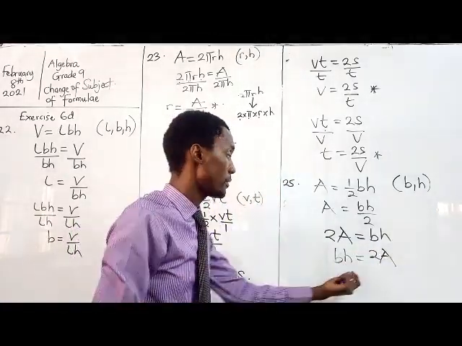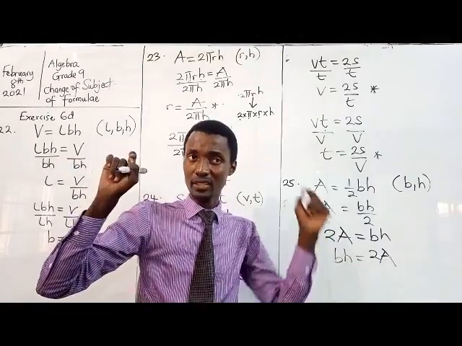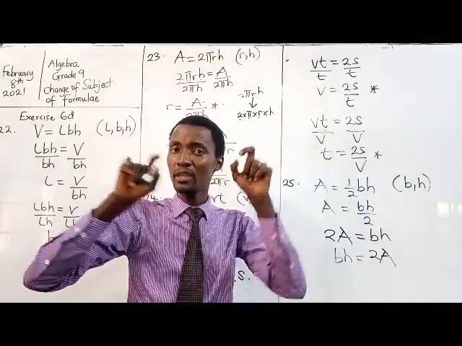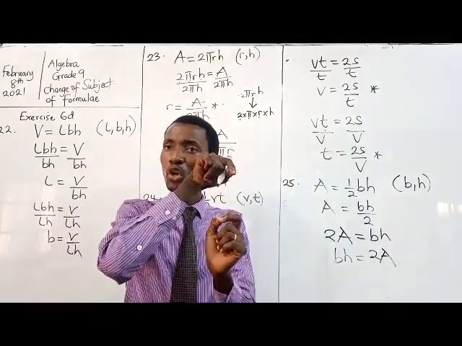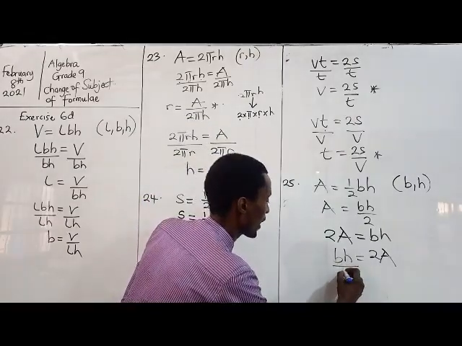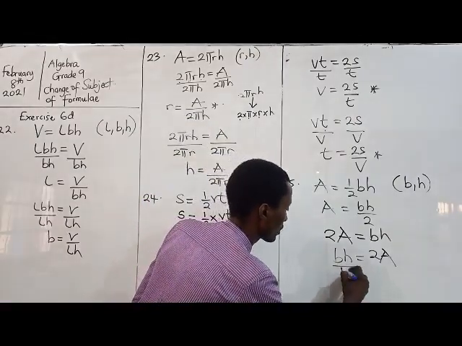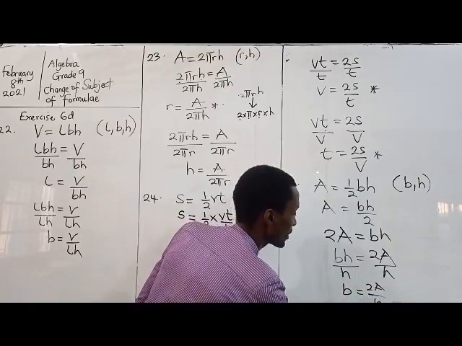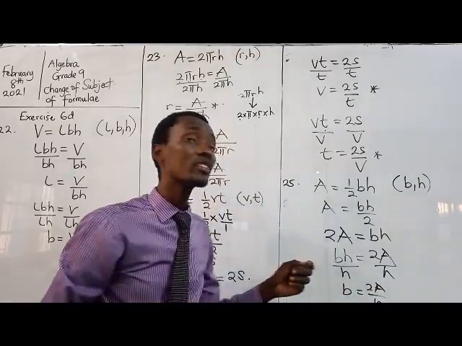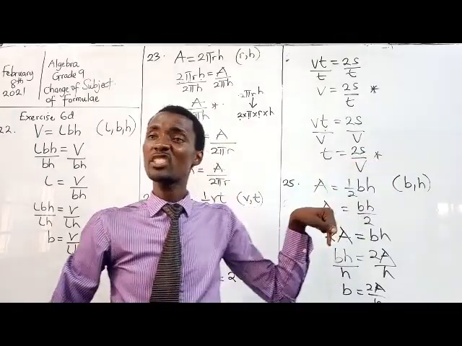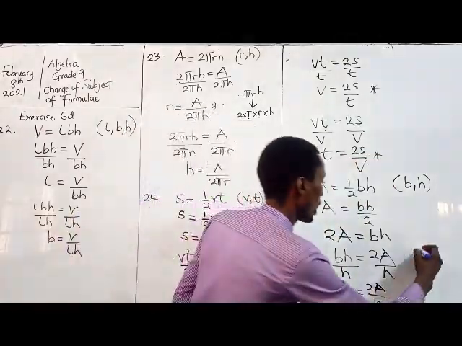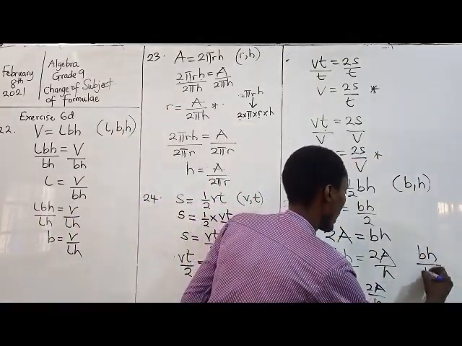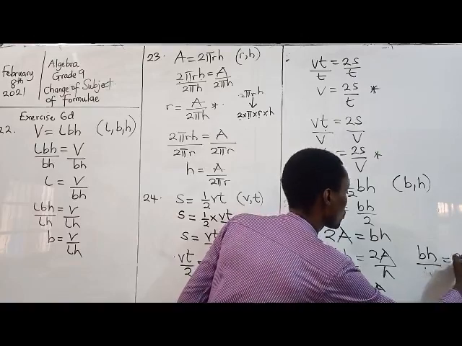Emphasis on B means that H is the coefficient. Listen, emphasis on B means that H is the what? Coefficient. So I divide by H. And that will be B equals to 2A over H. Emphasis on H means that B is the what? Coefficient. So that will be BH equal to 2A.